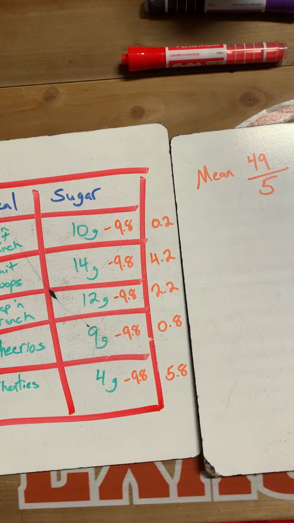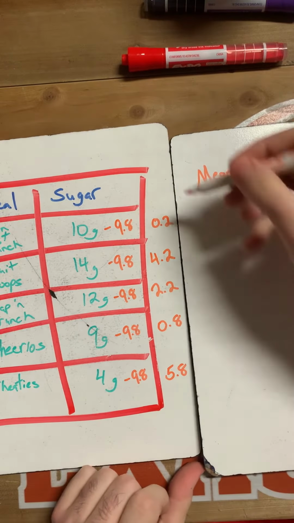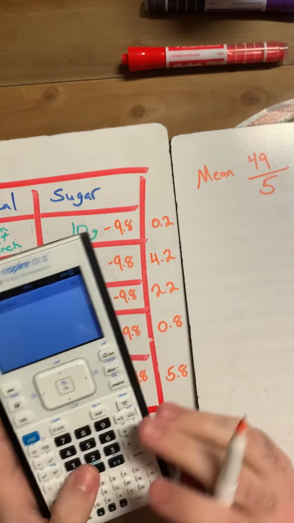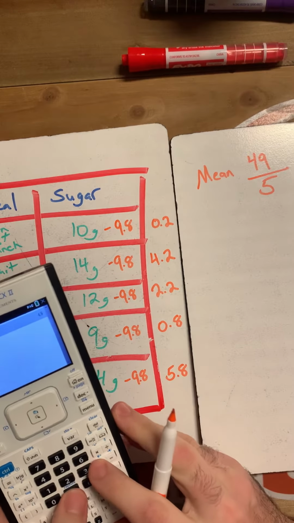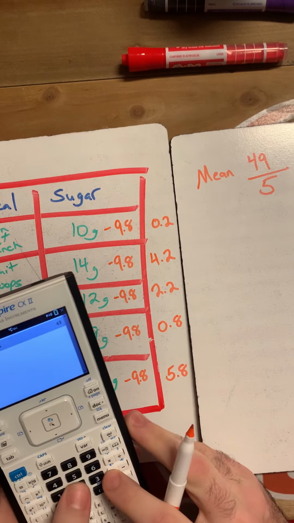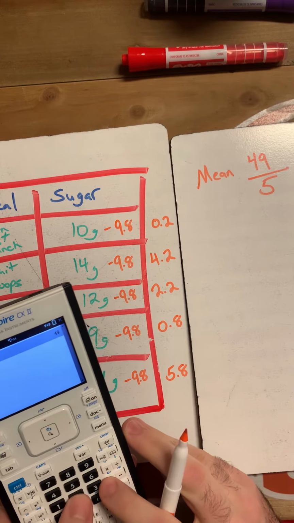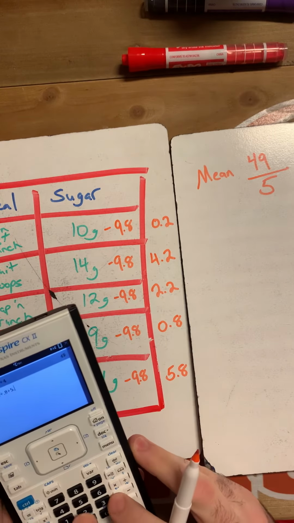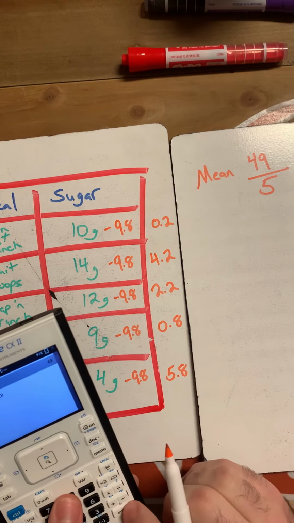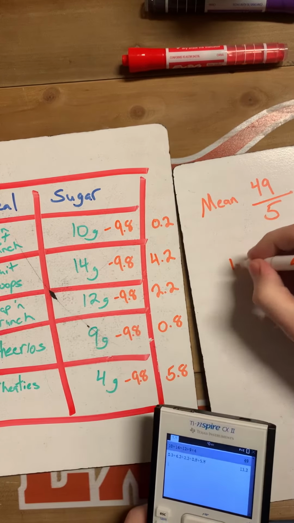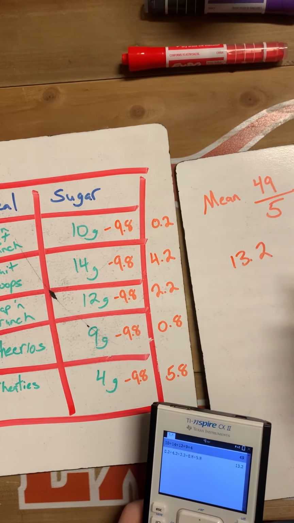So now I need to find the mean of the deviations. So once again, I have to add all of these up. So 0.2 plus 4.2 plus 2.2 plus 0.8 plus 5.8, we get a total of 13.2.